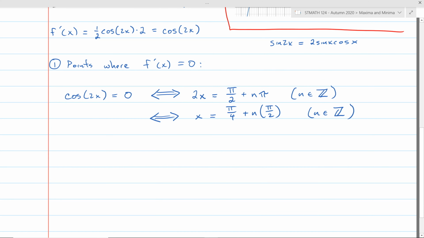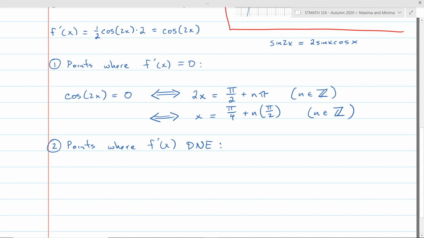Okay, so I think I've got all the places where the derivative is equal to 0, infinitely many of them. And the second thing I've got to think about are points where f prime of x is undefined or just does not exist.